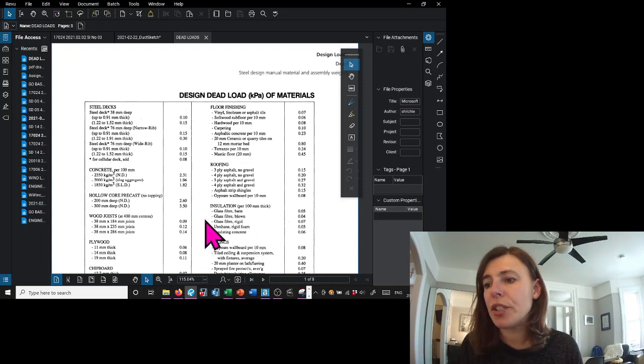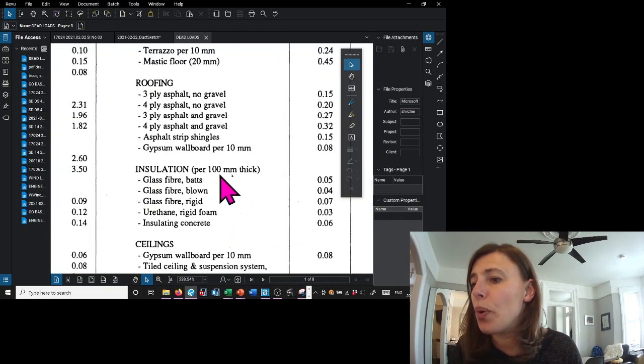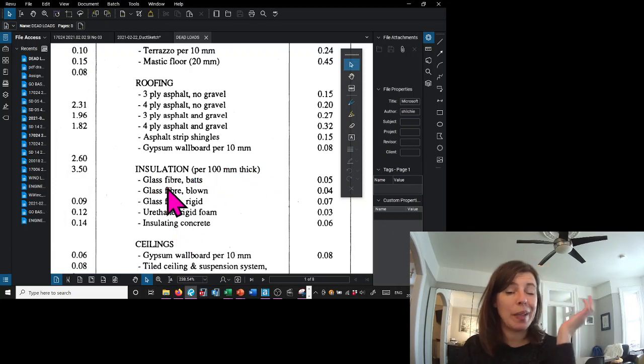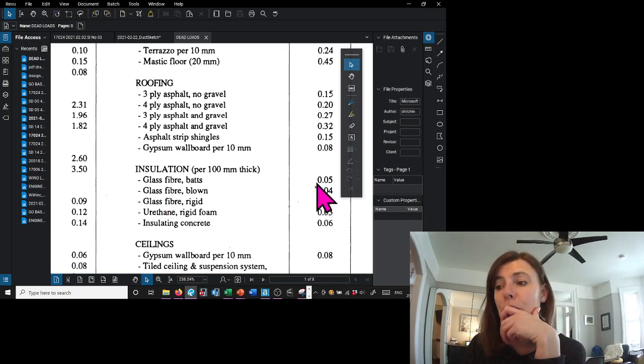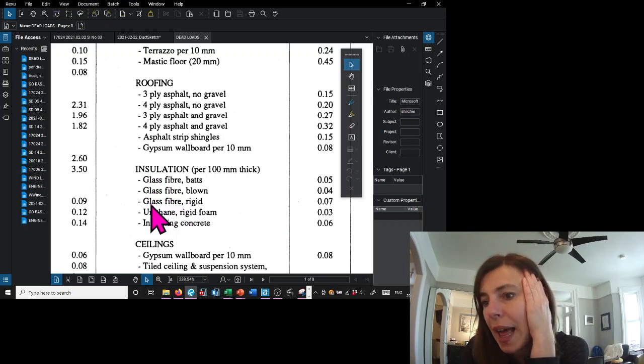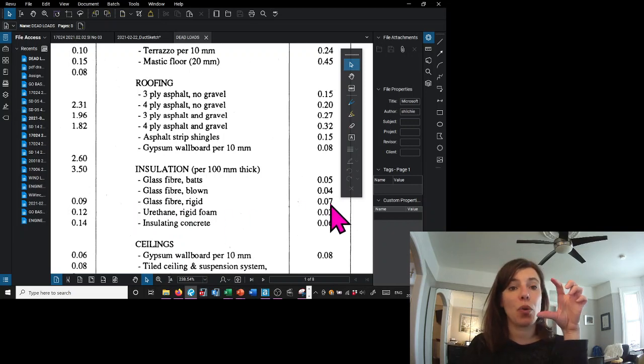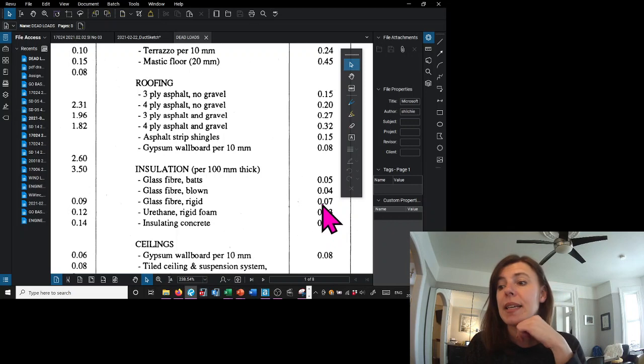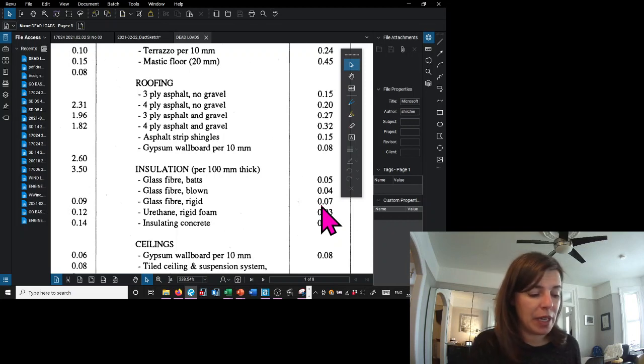There's a whole section just on insulation, but look, it says per 100 millimeters thick. So we have 152 millimeters, so we'll need to multiply this by 1.5 or 1.52. We had glass fiber rigid insulation. So 100 millimeters or 4 inches weighs 0.07 kPa. We have 6 inches or 152 millimeters.